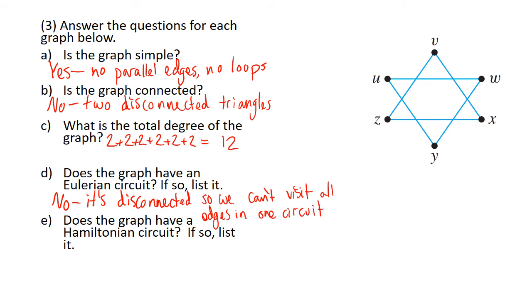And then the same with the Hamiltonian, it's going to be no, for the exact same reason. We can't visit all the vertices in one visit, or in one circuit.